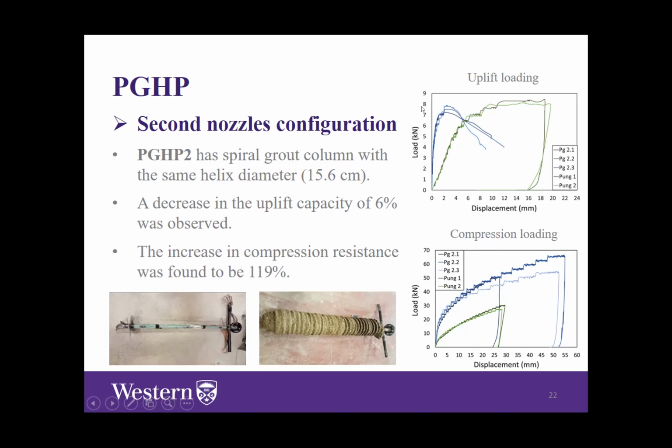However, the uplift capacity is fully mobilized at a much lower displacement, nearly less than 2 millimeters. For the compression capacity, we observe an increase of 119%. So a very, very huge improvement in the compression resistance, due to two reasons. First, we significantly improve the contribution of the pile shaft, and the injected grout also improves the end bearing resistance of the bearing soil.